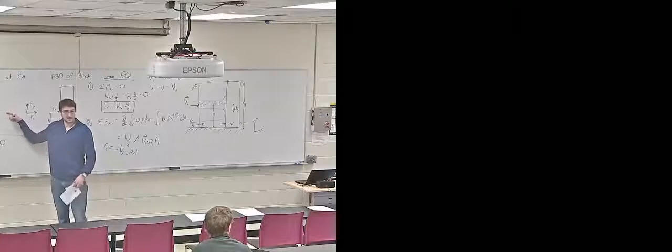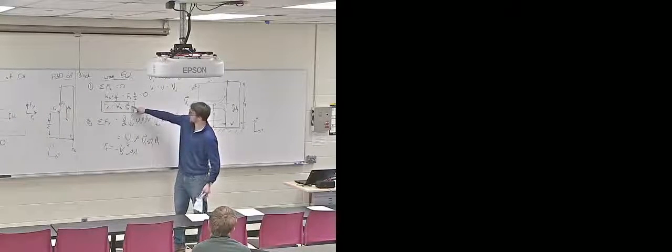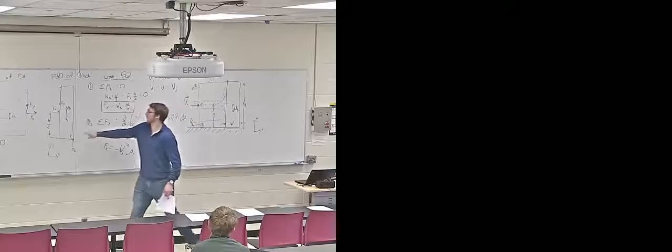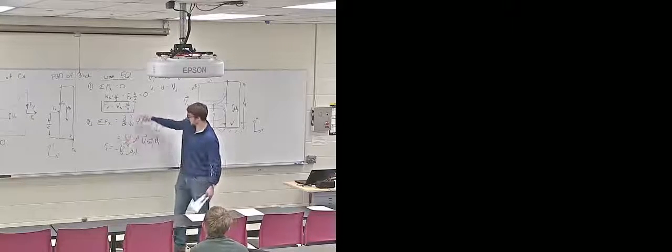Okay, so we've got the force of the block acting on the fluid, negative direction. That makes sense? Yeah? But we've got the required force of the fluid acting on the block in order to tip it over here. So let's go ahead and set those equal to one another.